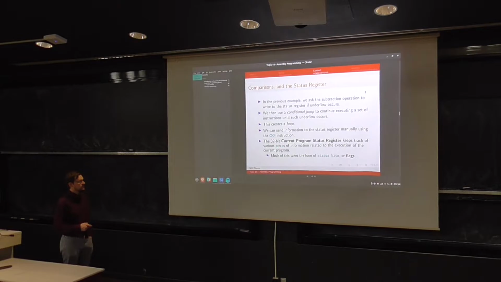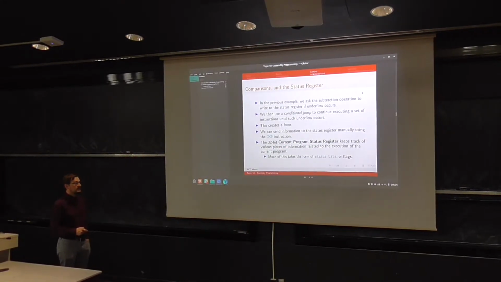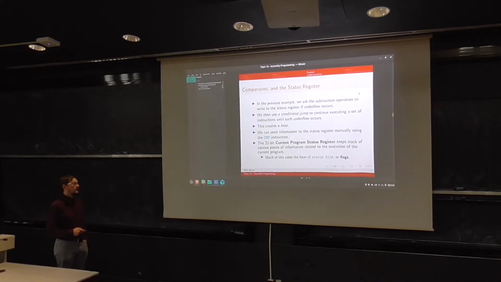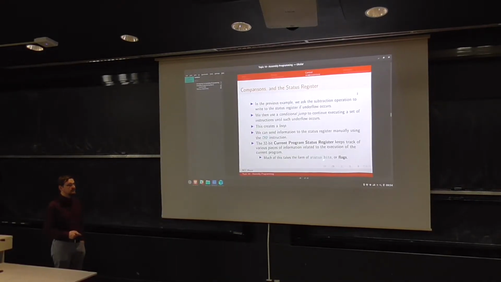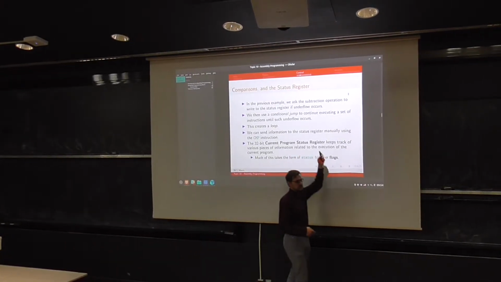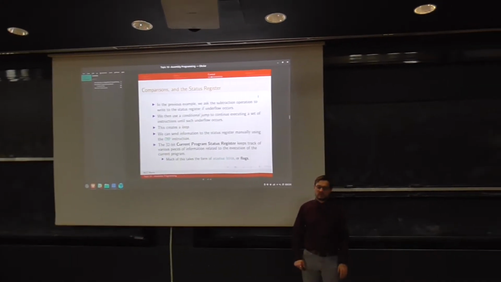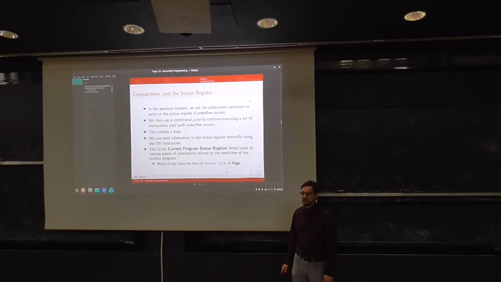The 32-bit current program status register keeps track of various pieces of information related to the execution of the current program. Much of this takes the form of status bits or flags. So the status register is filled with flags. Flags are individual bits that mean something when they're 1 and mean something else when they're 0.